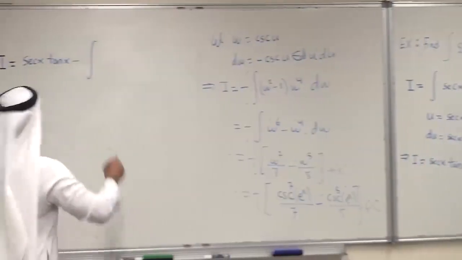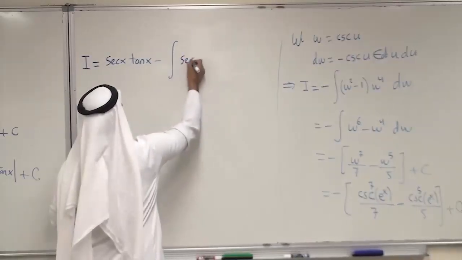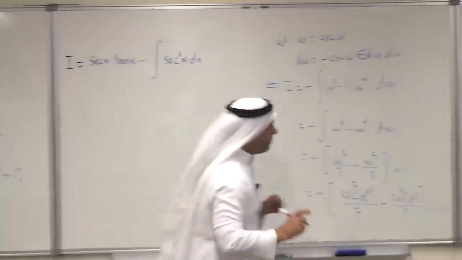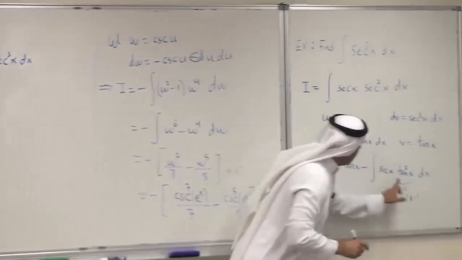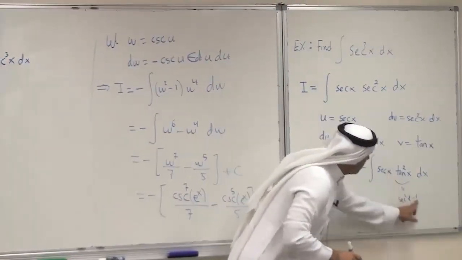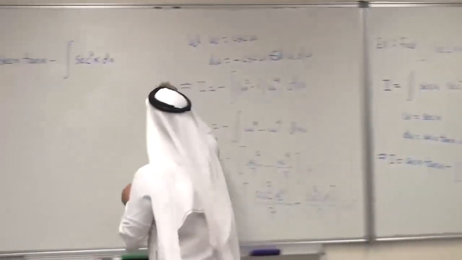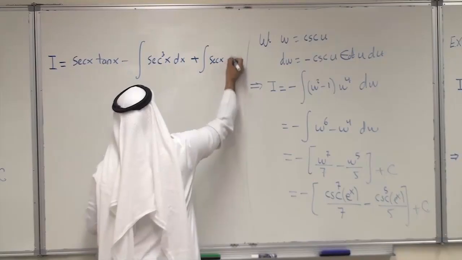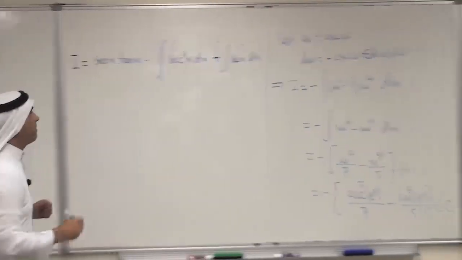So what we get here is minus secant cubed of x dx. Then, look, you have secant squared minus 1 times secant, so that will give you minus secant with a minus sign. That will give me plus the integral of secant of x dx. You see now the beauty of this formula.